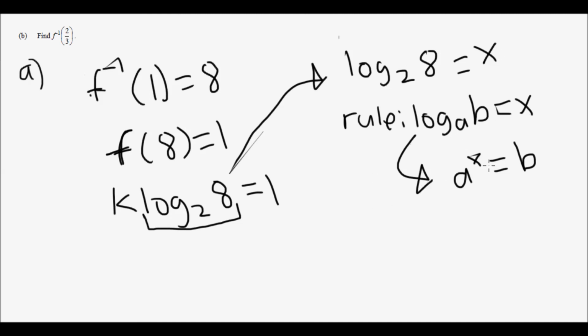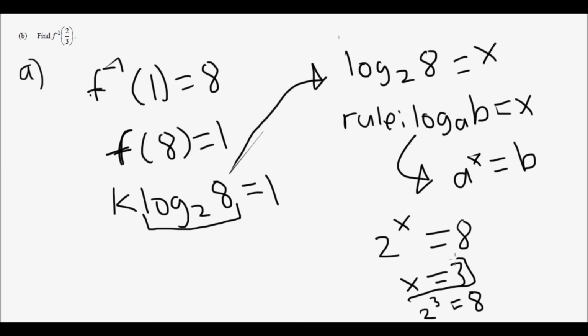So using this rule, we're going to see that 2 to the x is going to equal 8, and we know that x is going to equal 3 because 2 to the 3 is going to equal 8.